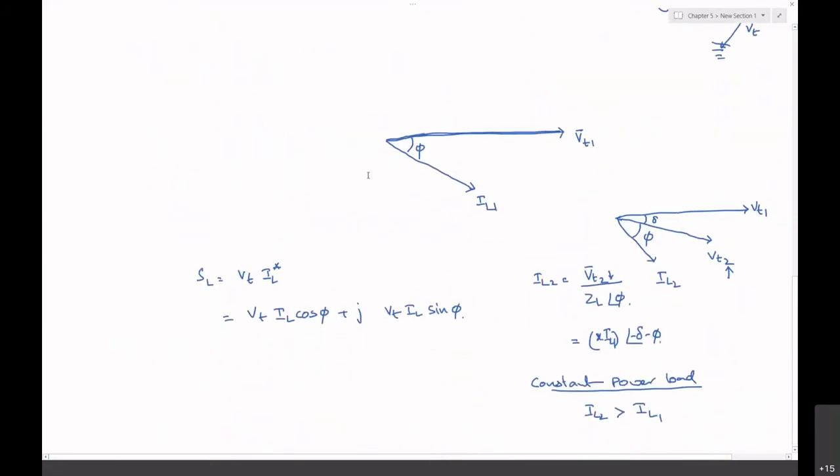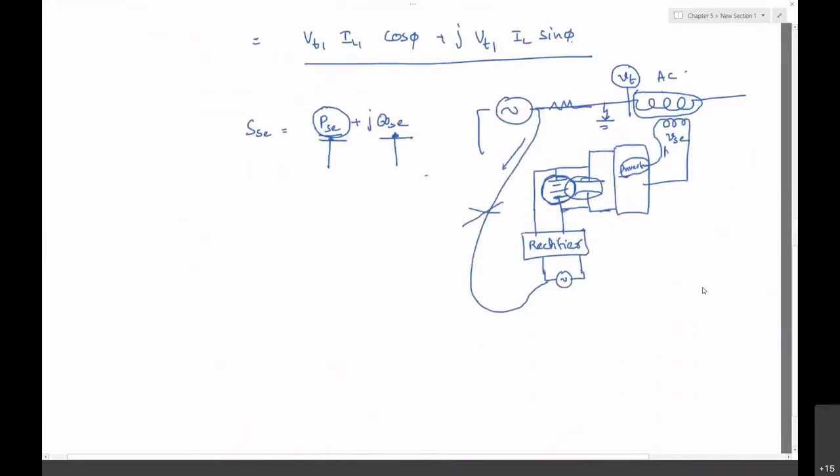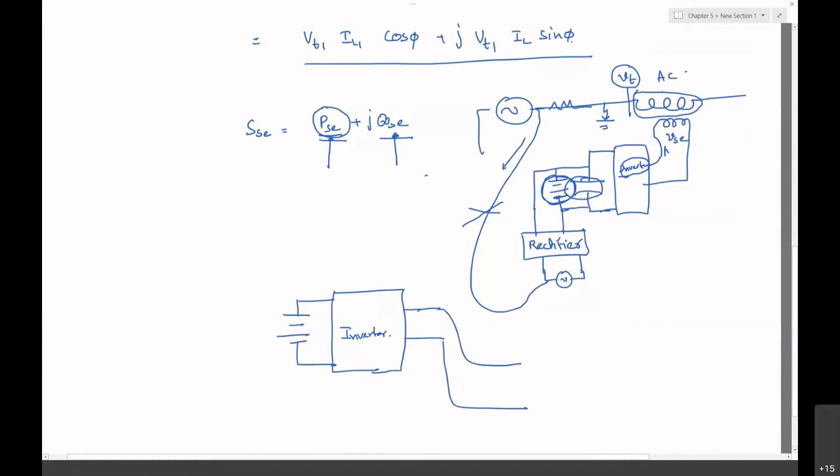why can't we use this particular device? The device has a battery, and this battery is connected to an inverter, and this is going to connect to a line, through a transformer.